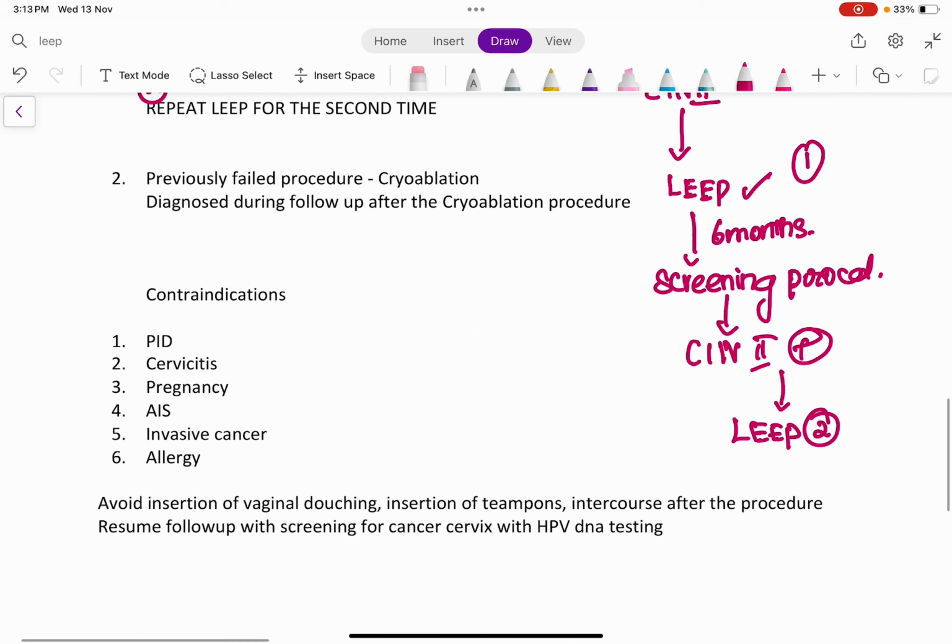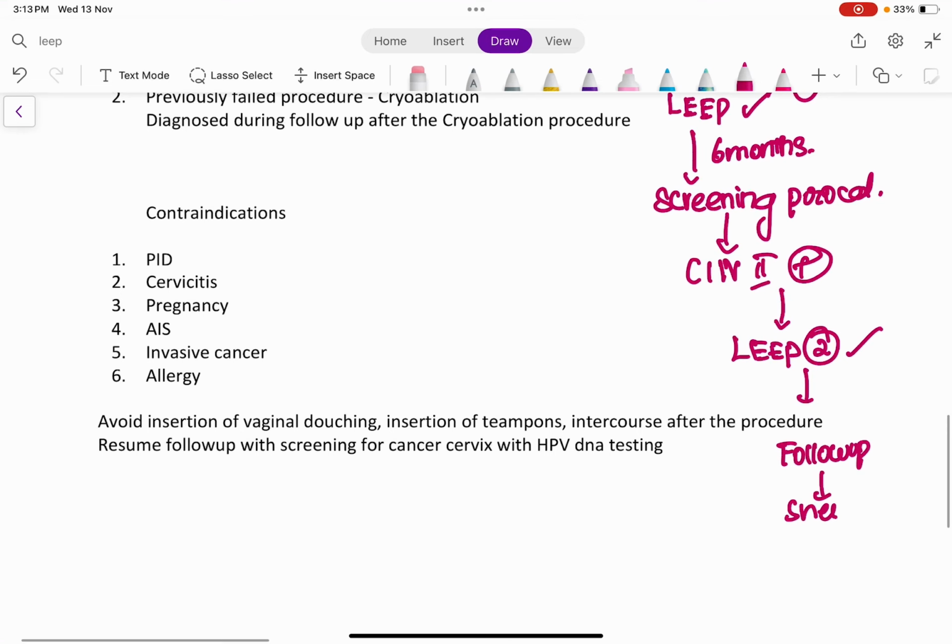Okay, so now you have done the procedure for the second time. Now the patient is coming for follow-up, and during the follow-up you screen the patient, and during screening you find that the cervical intraepithelial neoplasia is still present. Now what can you do? Since the neoplasia is persistent and recurrent in her, irrespective of whatever excisional procedures, now you need to consider hysterectomy in this patient.